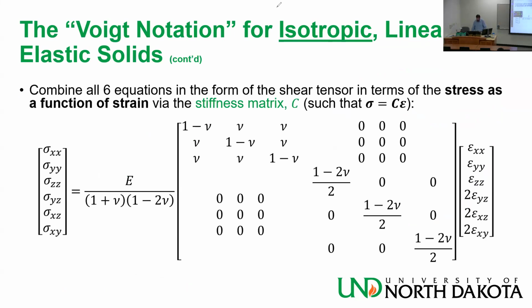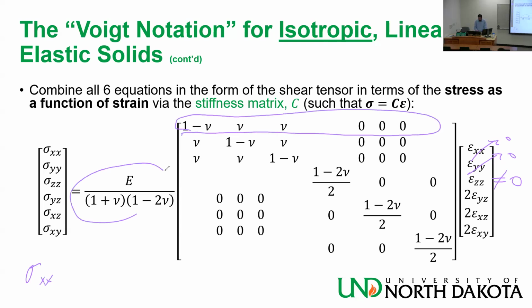The idea was that I set this epsilon xx equal to 0, I set this epsilon yy equal to 0, and this epsilon zz is non-zero. Then I do an equation for sigma xx, taking the first row, multiplying by the first and only column.